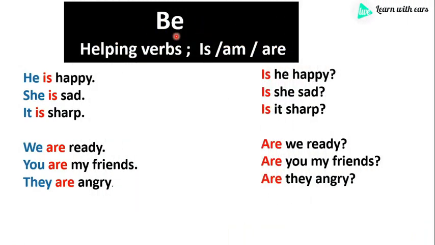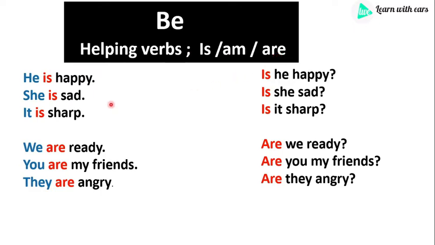So we know that be is an irregular verb. We use be as a main verb or as an auxiliary verb. For now, just understand that be is a helping verb. In present tense we use is, am, are, and in past we use was and were.